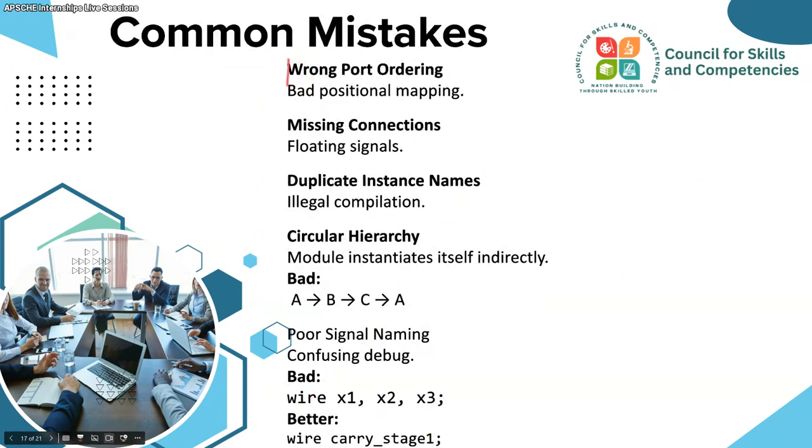Common mistakes are wrong port ordering, that is bad position mapping, missing connections, floating signals, and duplicate instance names, which give illegal compilation. Another is circular hierarchy, where a module instantiates itself, for example A, B, C, and then again we put it into A, so it contains itself. Also poor signal naming and confusing debug, like X1, X2, X3, instead of giving carry stage 1, carry stage 2 by connecting them to the wire.